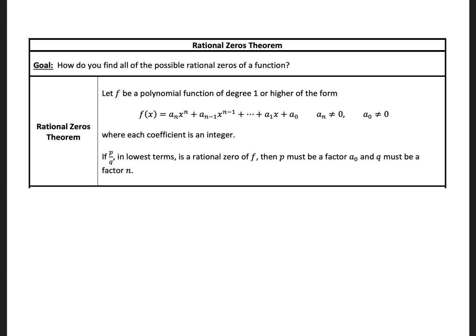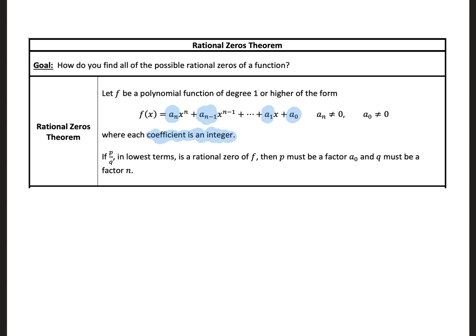The rational zeros theorem says, let f be a polynomial function of degree 1 or higher of the form listed below, where each coefficient is an integer. That's super important for us, so we need each coefficient to be an integer. Remember, your coefficients are the numbers in front of x. In our case, they're a sub n minus 1, a sub 1, and a sub 0 on the end.